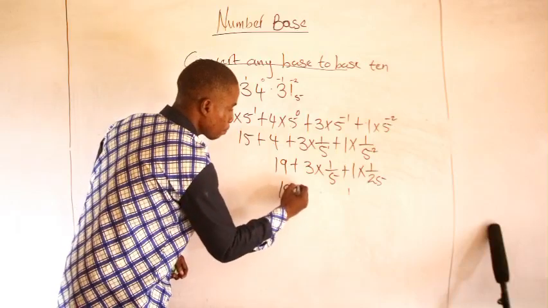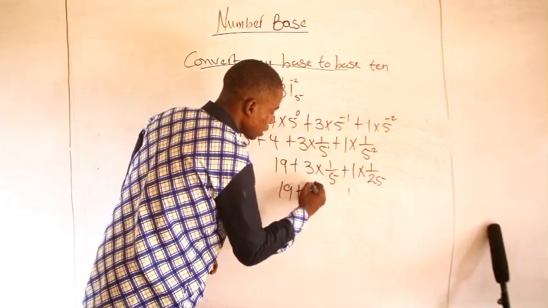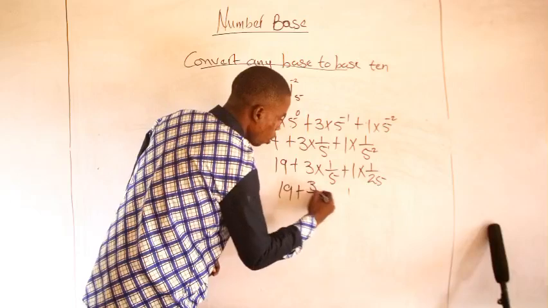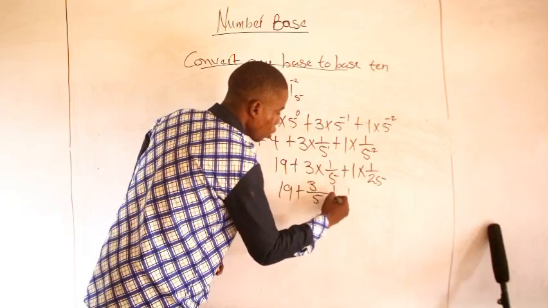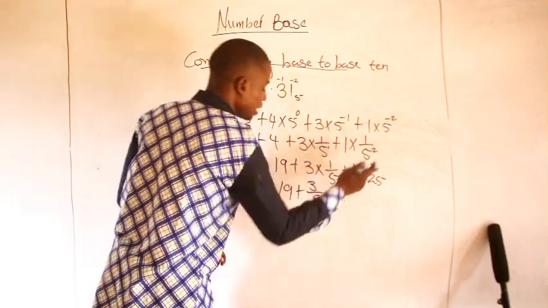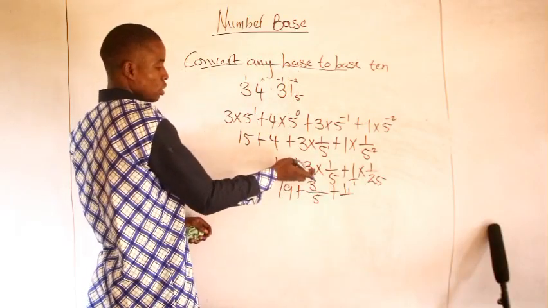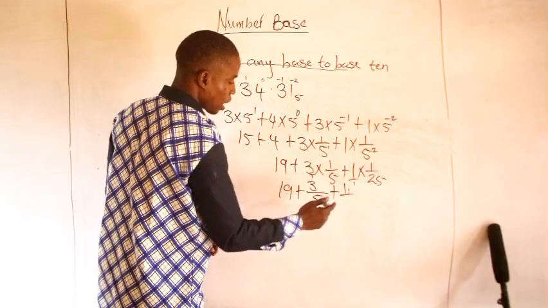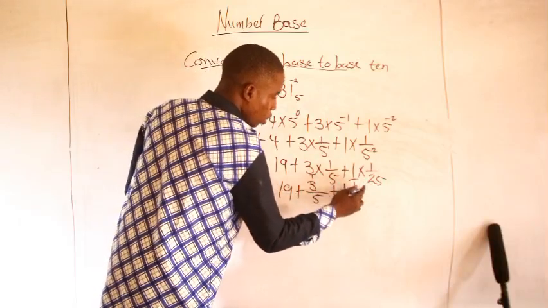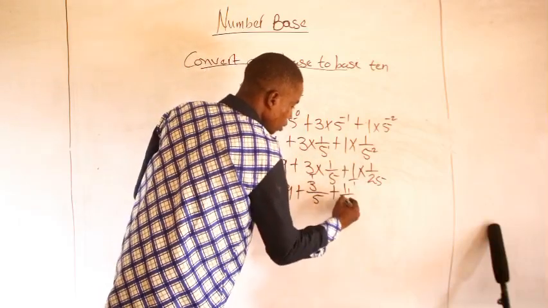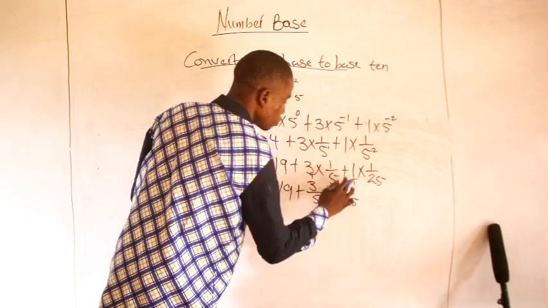Now 19 plus 3 all over 5 plus 1 all over 25. You turn 19 into a fraction, 19 all over 1.